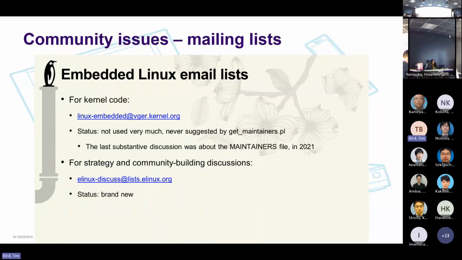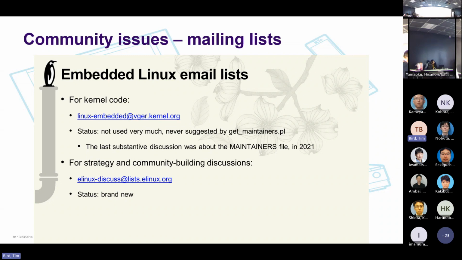Just real quickly, if you're interested in embedded Linux, you should get on, especially for upstream discussions, the mailing list for Linux embedded at vger.kernel.org. This is the official kernel embedded mailing list. It's not used very much, but I think we should use it more.